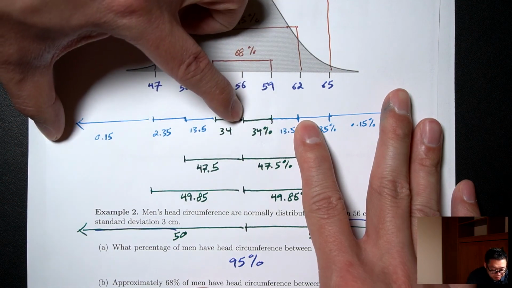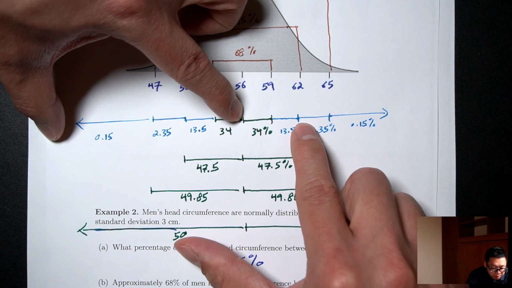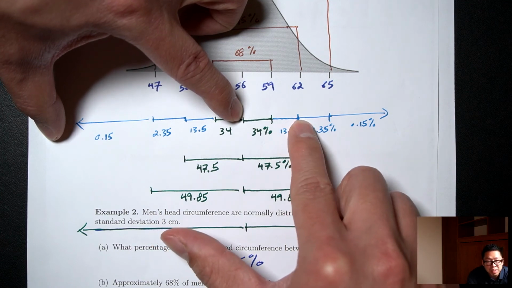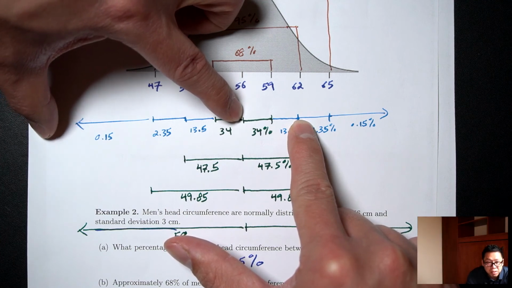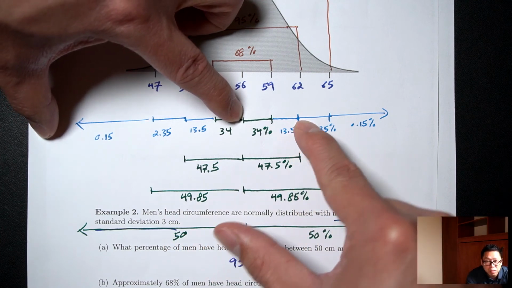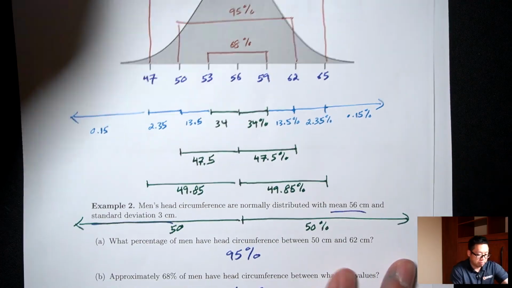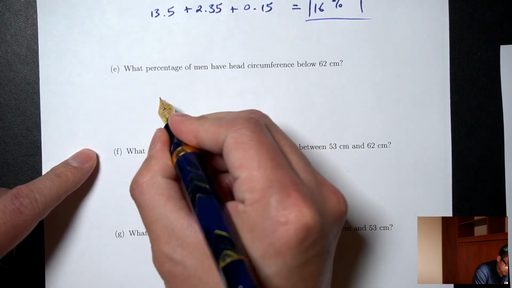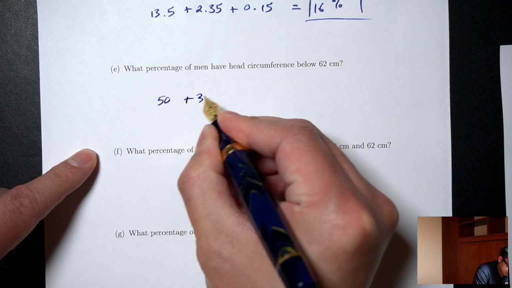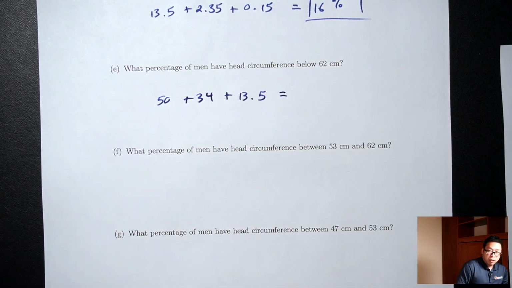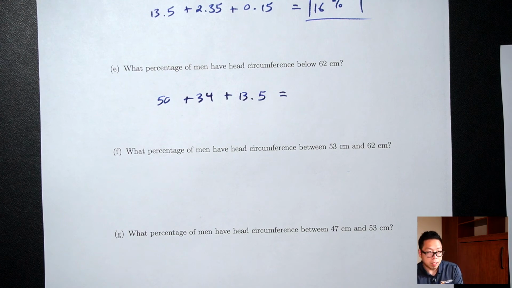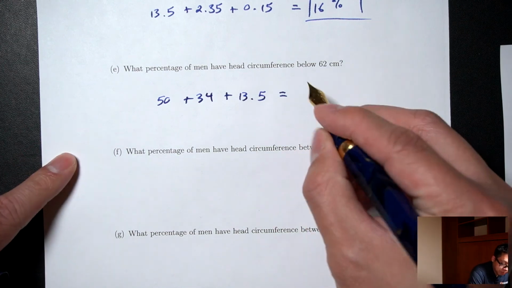So I can just do 50 plus 34 plus 13.5, and that should give me 62 all the way to the left. That's 97.5.